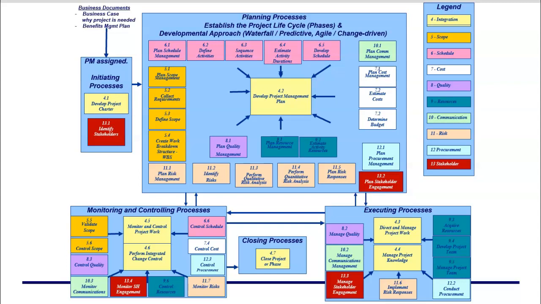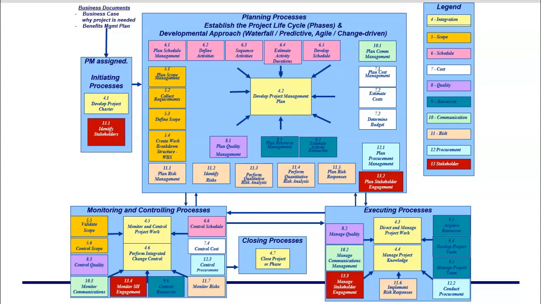So on the left, 4.1, that's you, and that's how you manage the processes in the initiating process group. In planning, you use process 4.2 to manage all of the other processes and synchronize them and make them align, right? You're using the project management plan process to organize, synchronize, and align your project plan starting from scratch.